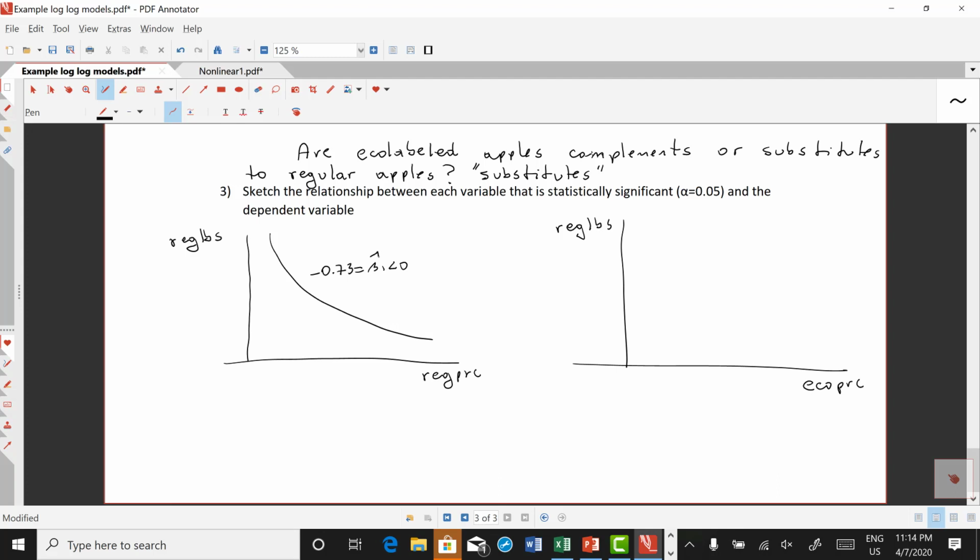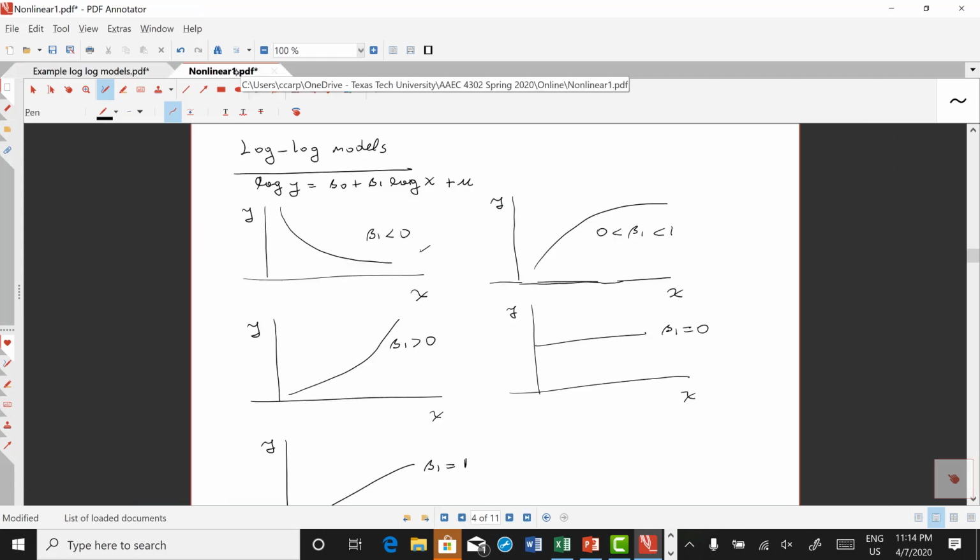Beta 2 was 0.74, so it should be this relationship, because beta 2 is higher than 0 but lower than 1. I think there was an error in the previous lecture, where it was supposed to be higher than 1. Okay, so I caught that error right now. The relationship should be higher than 0 and lower than 1.